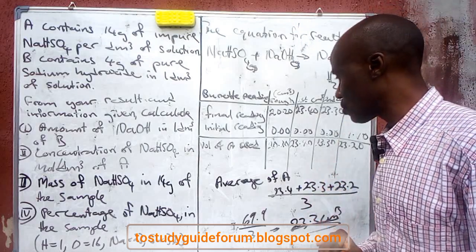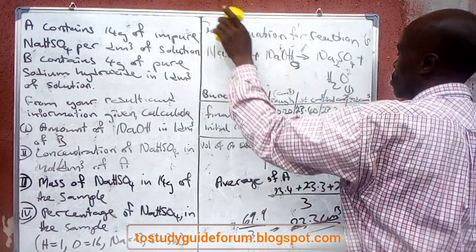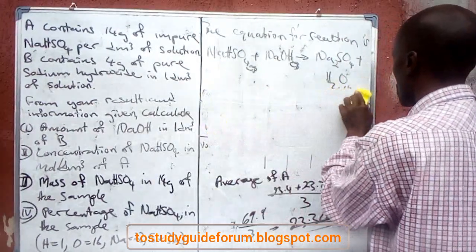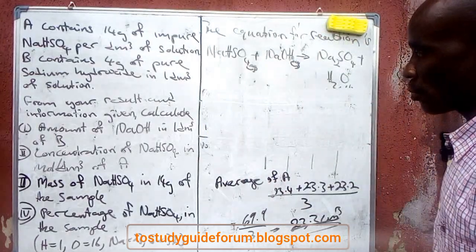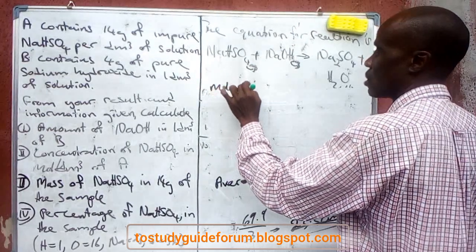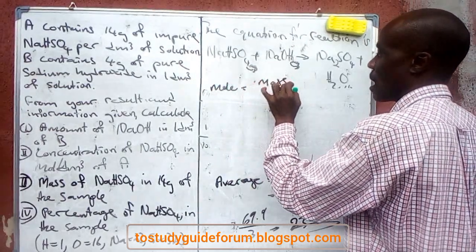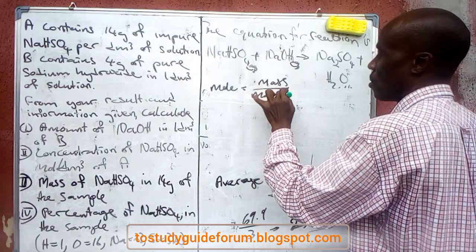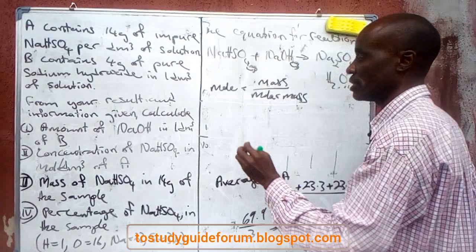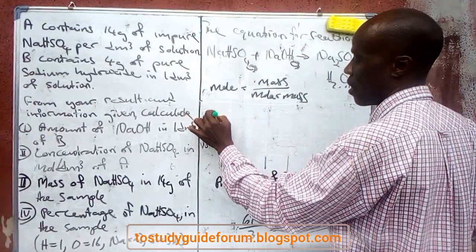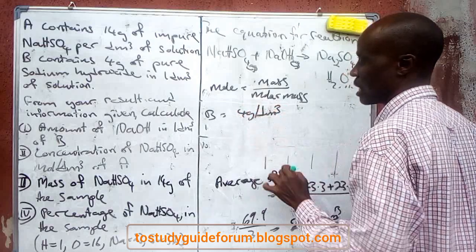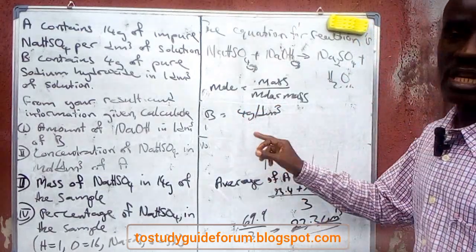To get the amount, remember we have mole is equal to mass over molar mass. We have the mass in 1 dm cube of the solution of B. We have it to be 4 grams per dm cube. In 1 dm cube, it contains 4 grams.